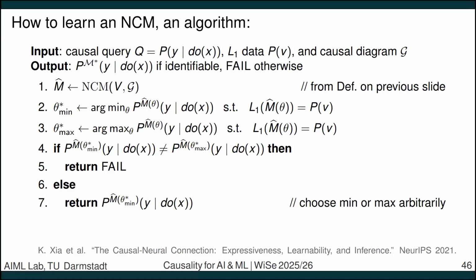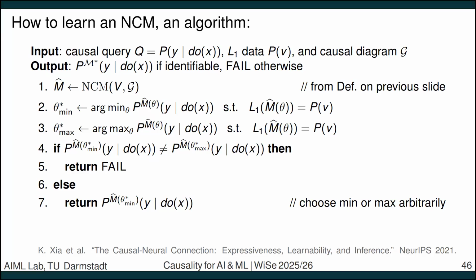And if the causal effect under that intervened graph is identifiable, then the authors show, or rather prove, that both of those optimizations, once maximizing, once minimizing, will converge to a single value, because by definition of identifiability, this is the only chance that the model has. So there is no room for lowering or raising that probability value.